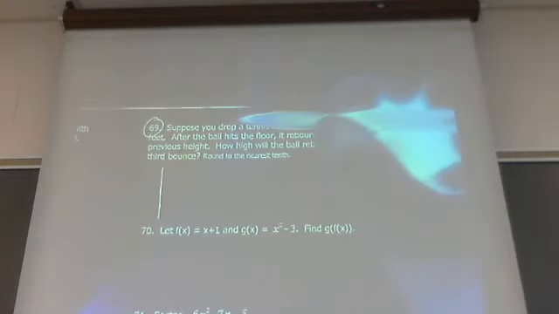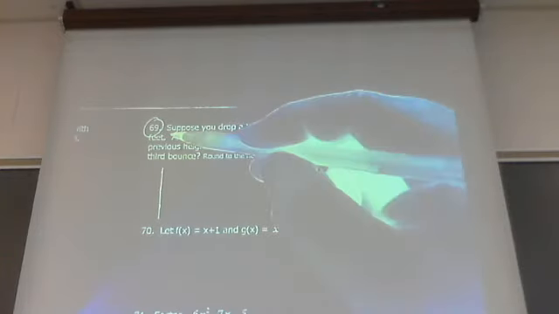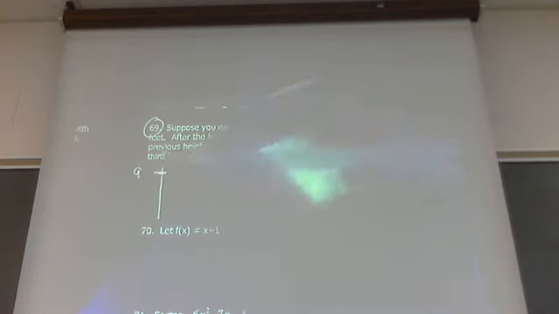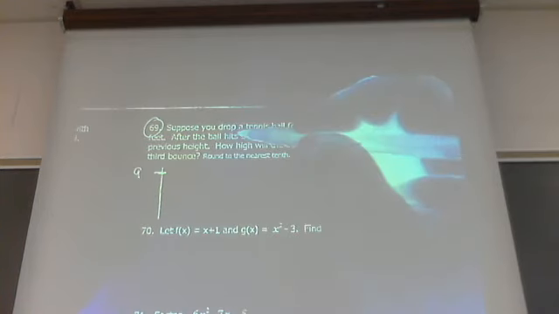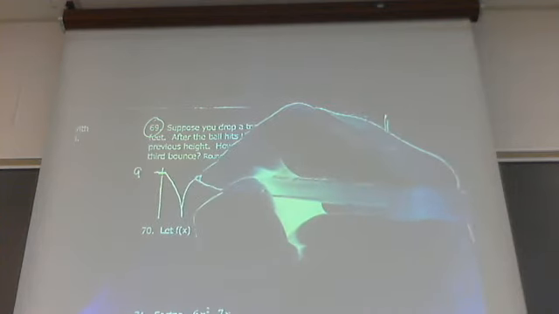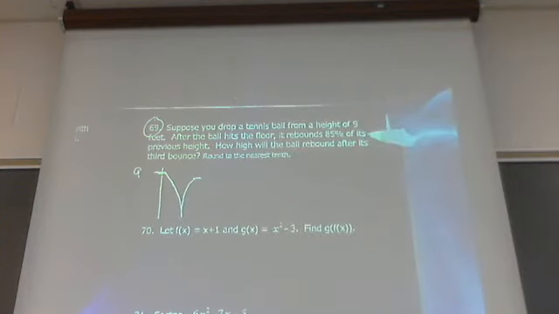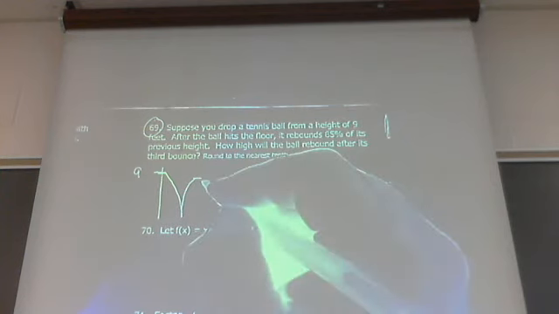Suppose you drop a tennis ball from a height of 9 feet. So we're starting off with a height of 9 feet. After the ball hits the floor, it rebounds to 85%. Okay, so it's only coming up to a height of 85% of what it was before. How high will the ball rebound after its third bounce?